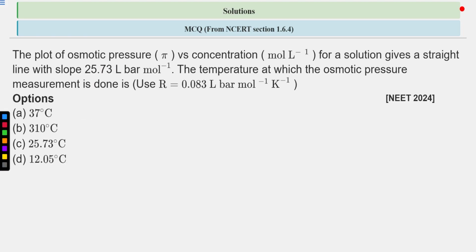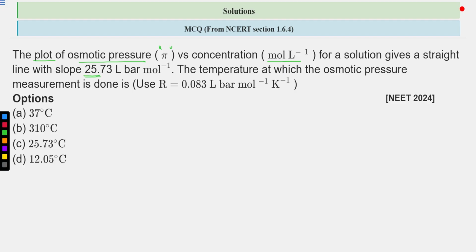Okay, so this question is again an MCQ, and it is from NCERT subsection 1.6.4. The question says that the plot of osmotic pressure, which is pi, versus concentration, whose unit is mole per liter, for a solution gives a straight line with the slope 25.73 liter bar per mole.